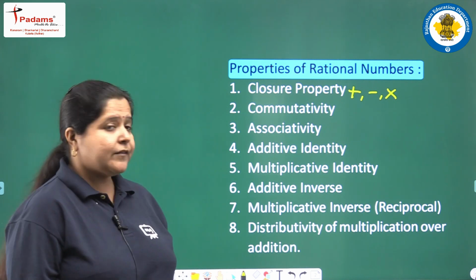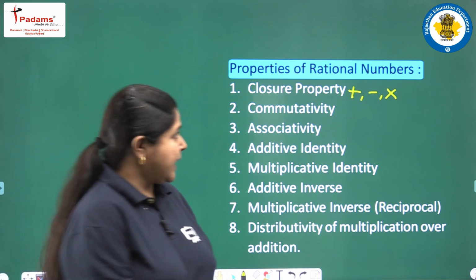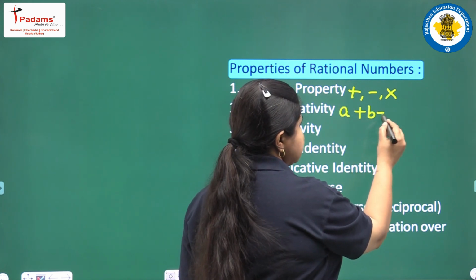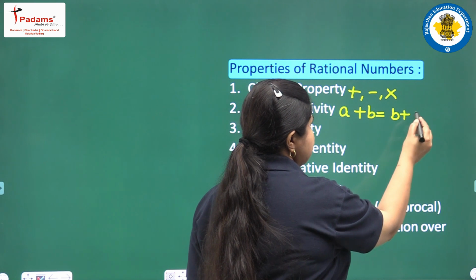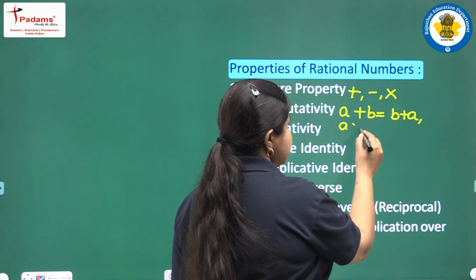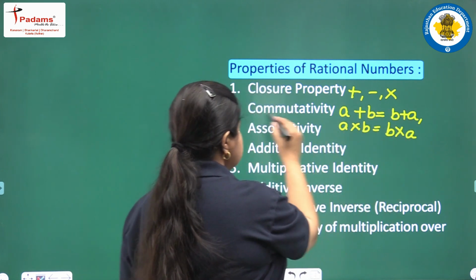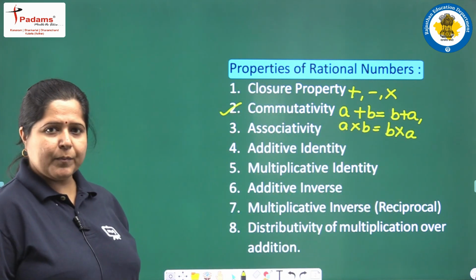In commutativity property we had learnt that for any two rational numbers a and b, a plus b is equal to b plus a and a into b is equal to b into a. This was your commutativity property.